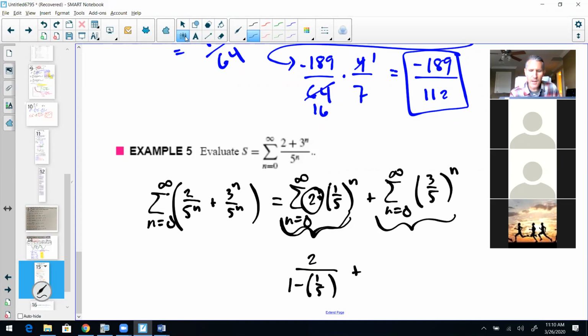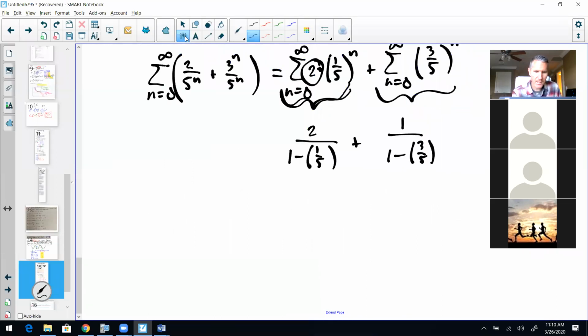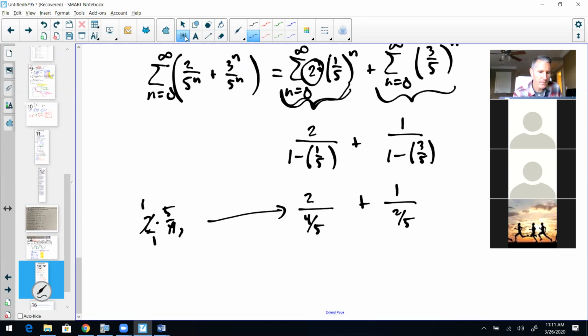Plus, over here, I plug 0 in for n, and I get 1 over 1 minus the common ratio, which is 3/5. So this ends up being 2 over 4/5 plus 1 over 2/5. So 2 over 4/5 is the same as 2 times 5/4, which is 5 halves plus 5 halves, which is 5.